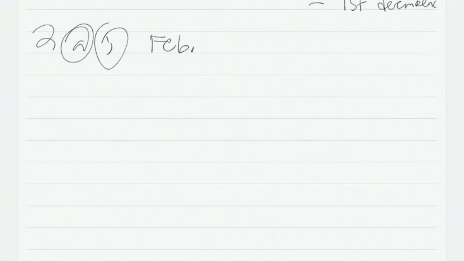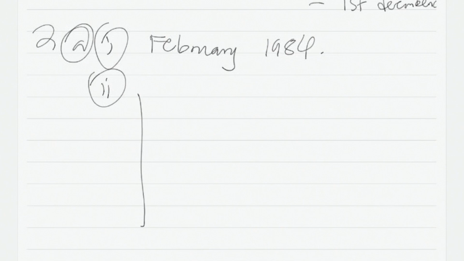So the correct answer for this one is February 1984. Our second part of part A reads, the month the child's growth was below normal. Which month was the growth of this child not normal?